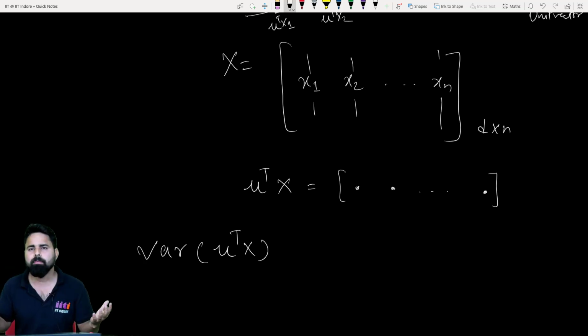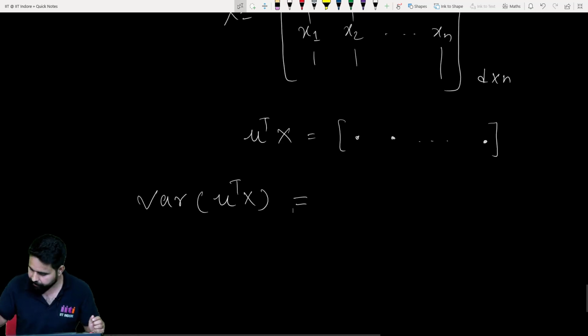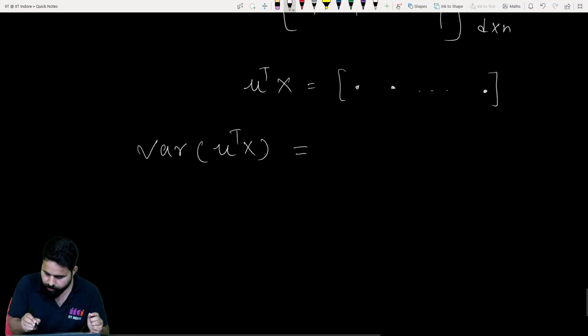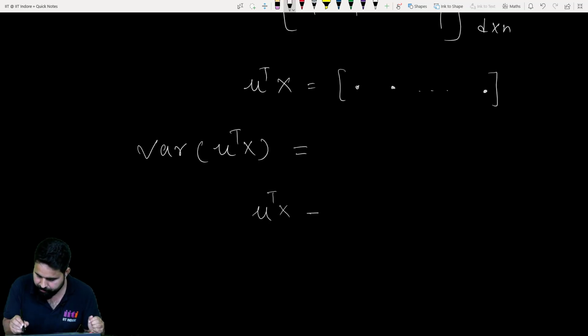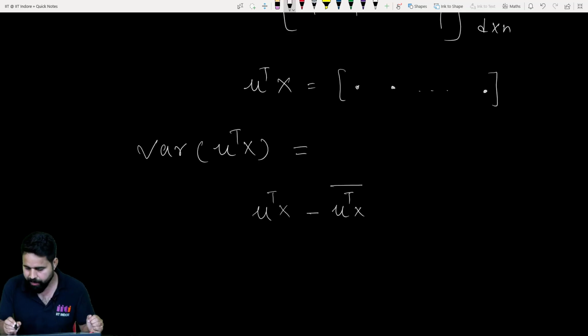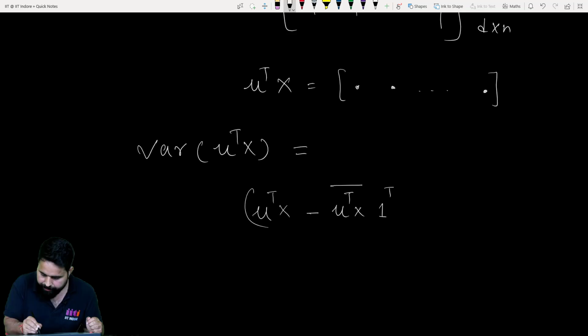We will utilize the formula we have just seen. From each entry of this vector u transpose x, I will subtract its mean first of all. Let me write its mean is this. Because I have to subtract from each entry, and then I will take the transpose of the same vector.